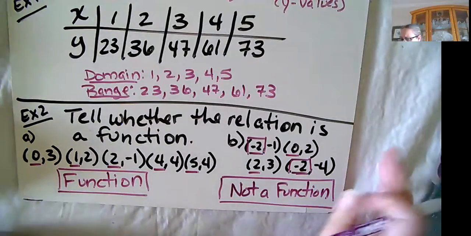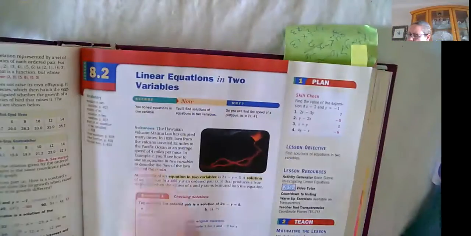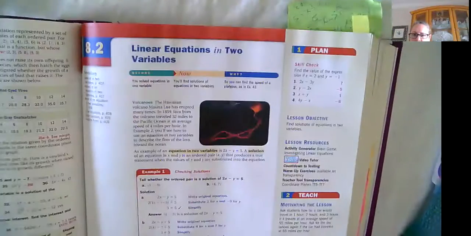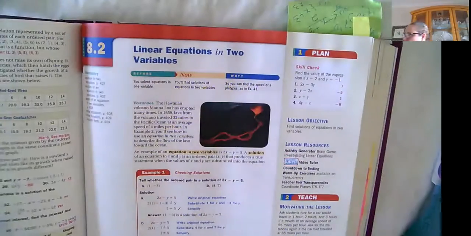Now we're moving on to 8.2, which is linear equations in 2 variables, and I'm going to move on to that example.